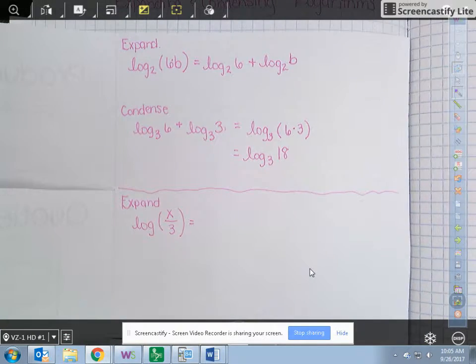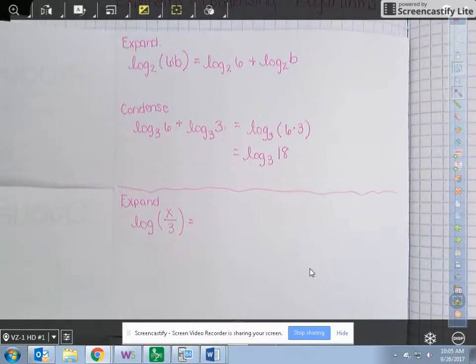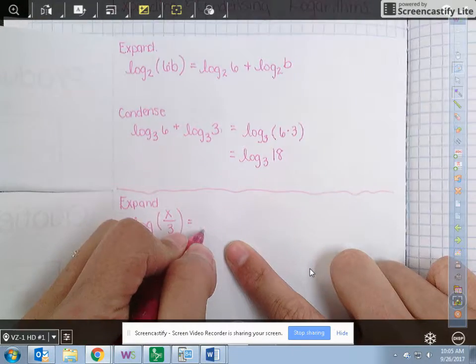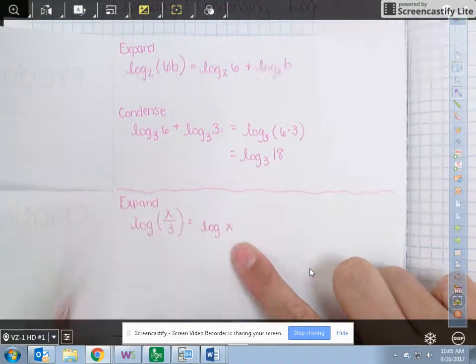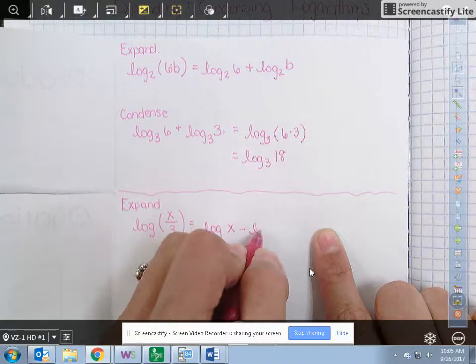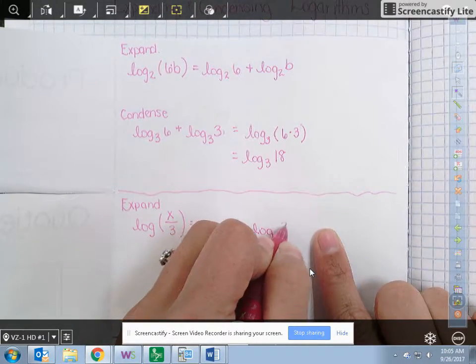For quotient, my property is to subtract. So I'll have log of x minus log of 3.